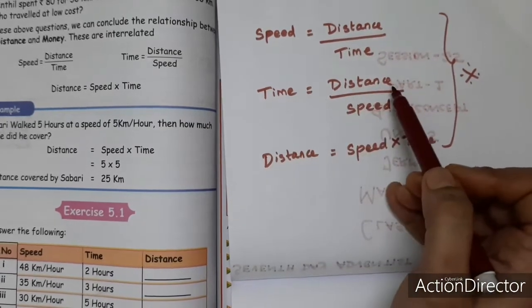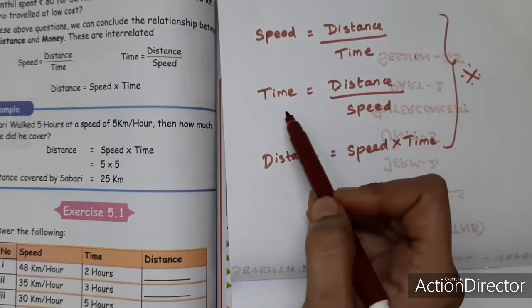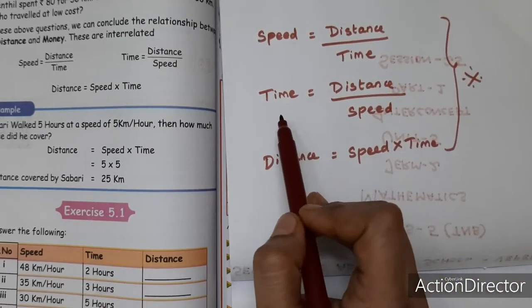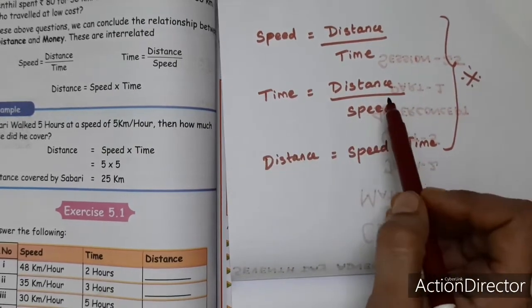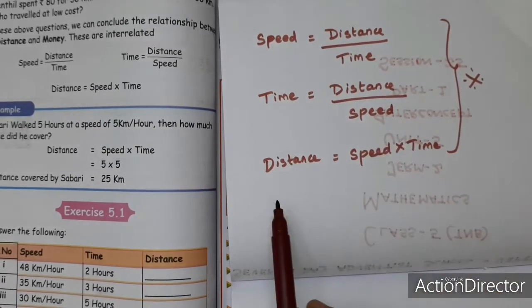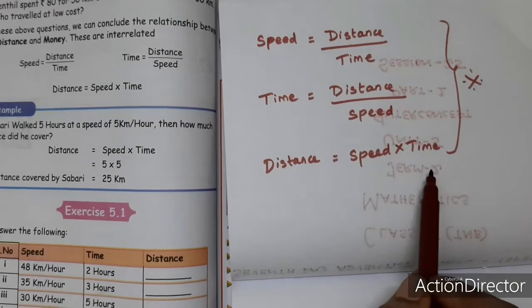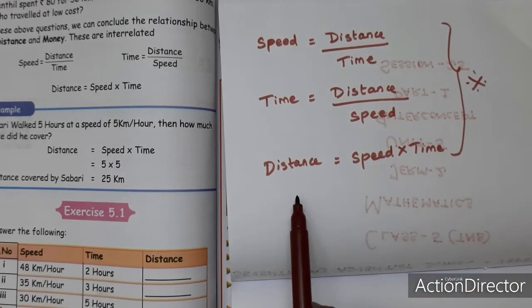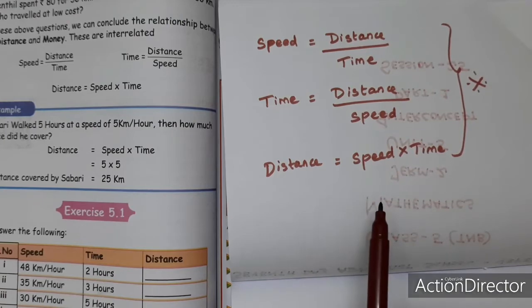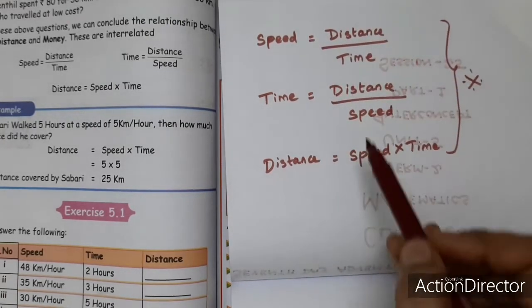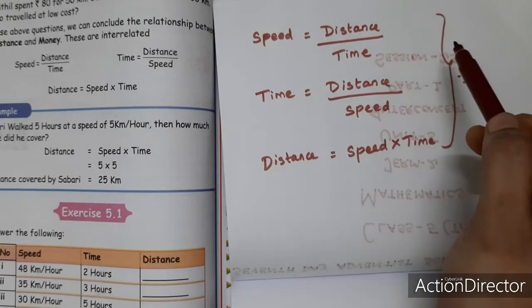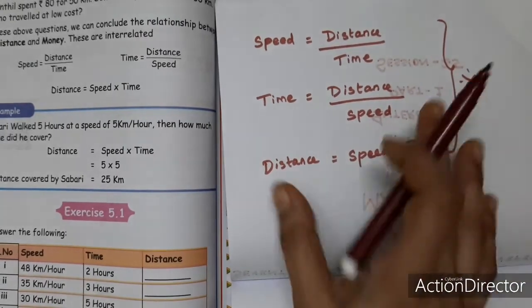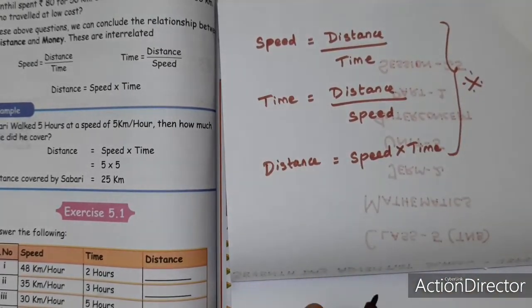Similarly, they would have given distance and speed. They would ask you to find the time. So then the formula is time equal to distance by speed. And if speed and time are given, and they ask you to find the distance, the formula is distance equal to speed into time. These 3 formulas are very important. You just memorize these 3 formulas. With this only we are going to do the sums.